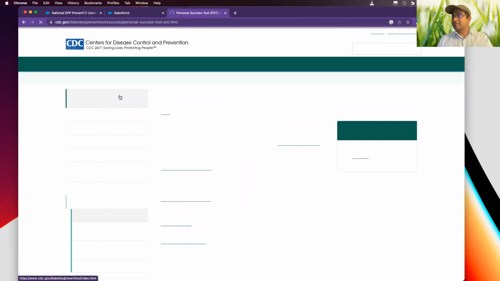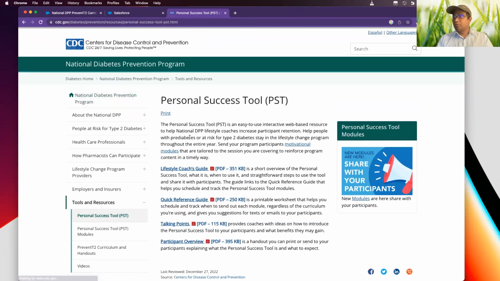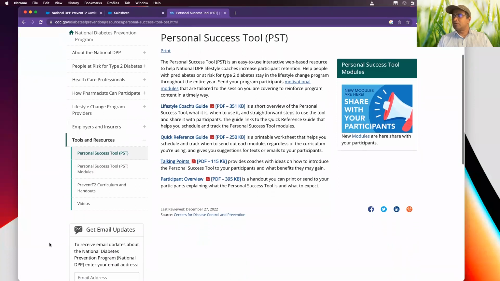For example, let's say we have ended the last one. There are a lot of things in there that you can use to reinforce some of these same ideas. For example, this one is the prevent type 2 quiz.